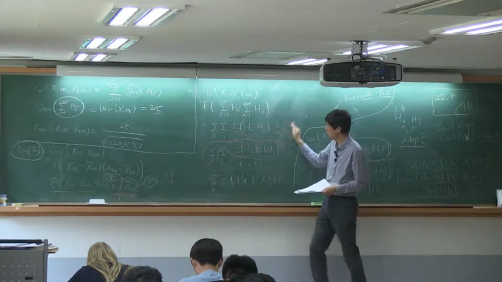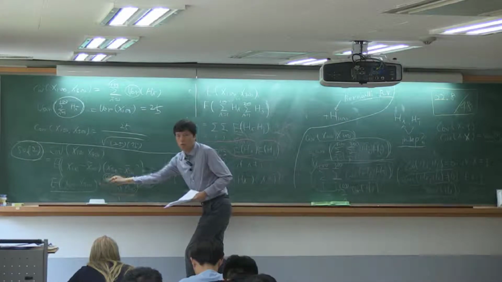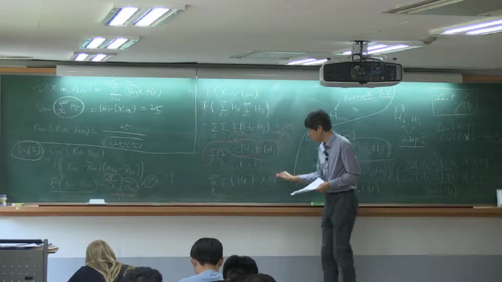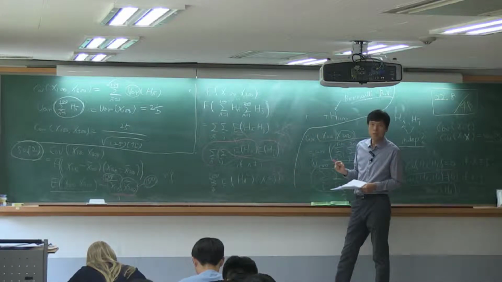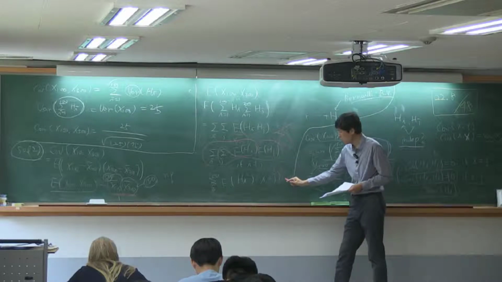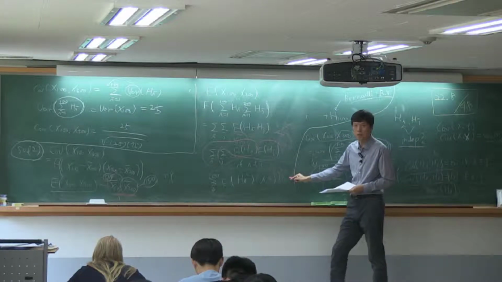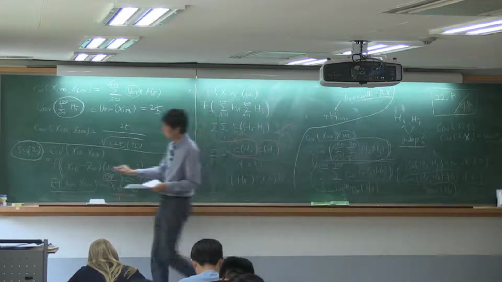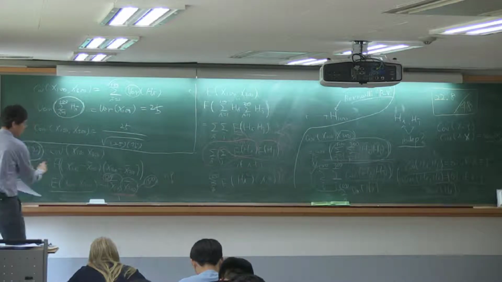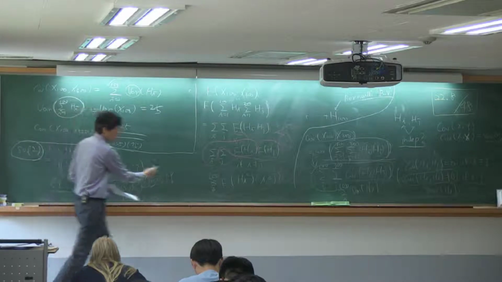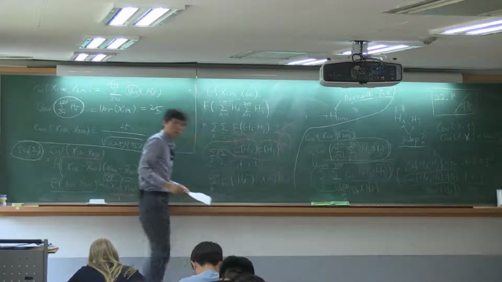So you can cancel all of this, and only 25 is left. In this way, you can also calculate the covariance as 25.